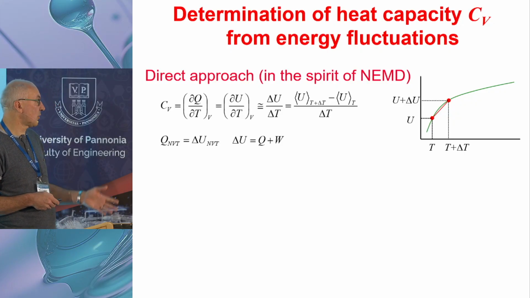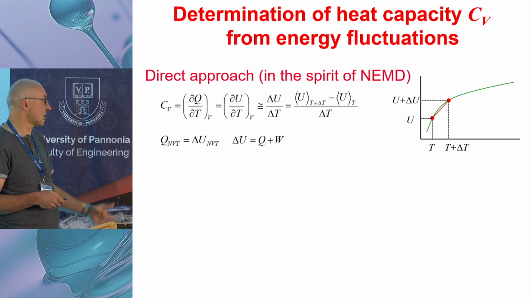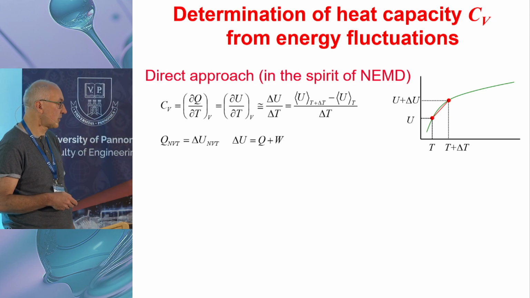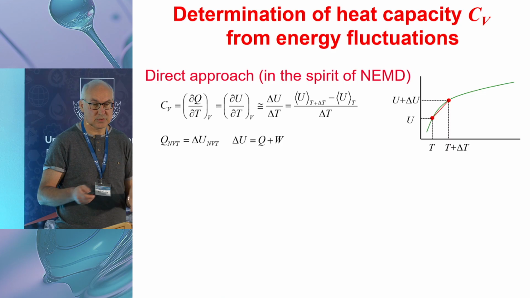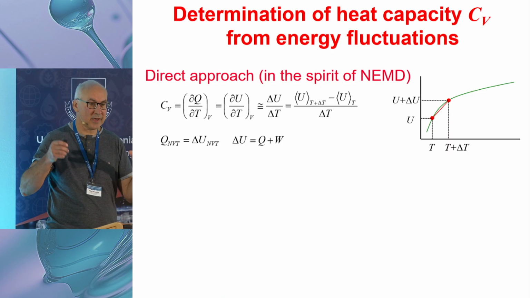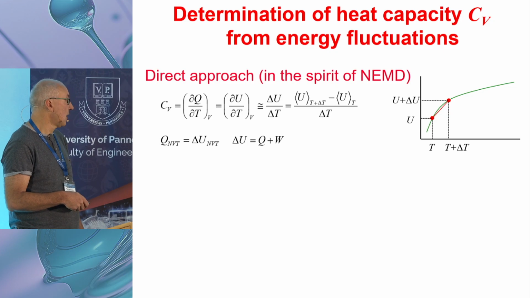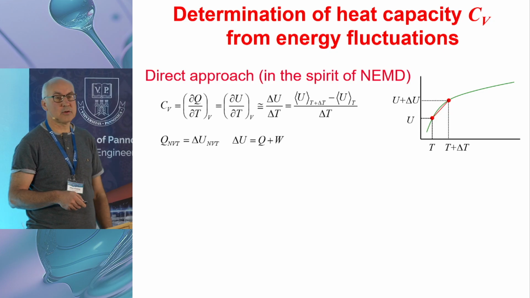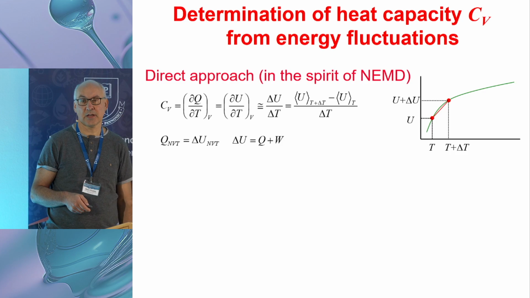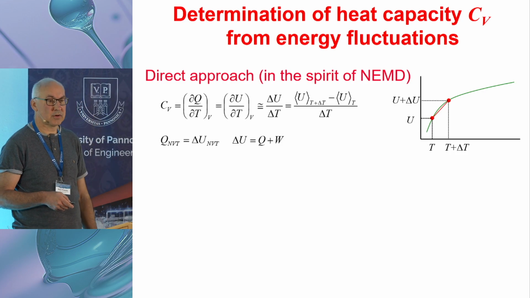As an example, which in fact is not a real transport property, but nicely introduces the difference between equilibrium-like and non-equilibrium-like approaches, let's imagine you want to calculate the heat capacity CV of your system.